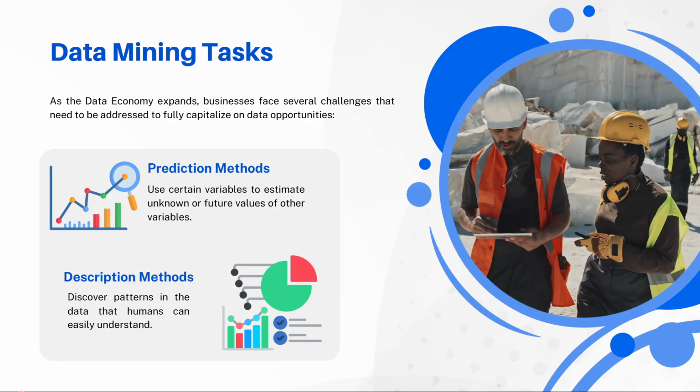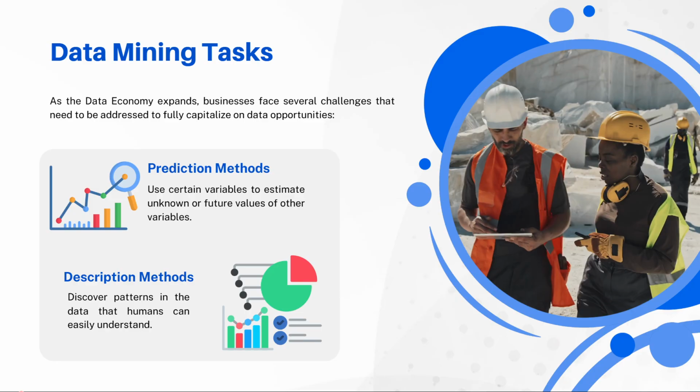The prediction method uses certain variables to estimate unknown or future values of other variables. Here we use the data that we have collected, or recently collected, from the past. We analyze it to find a future hidden pattern that it will lead to, like house pricing.